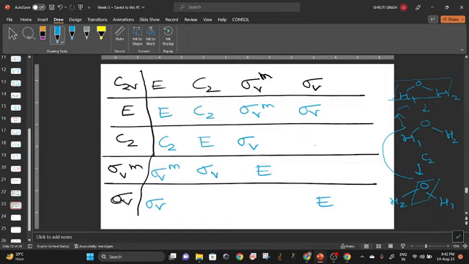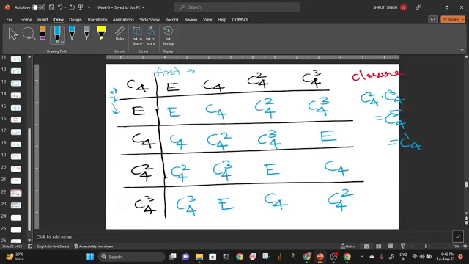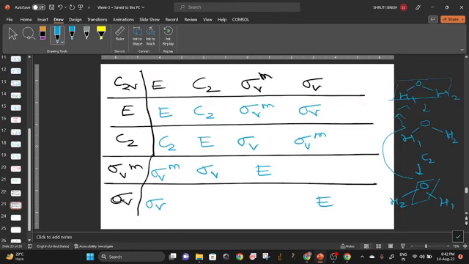Ma'am, whether all the operations are commutative here. They are a group. So whichever is absent in this row and this column, that will be the answer. Okay? Yes. Okay, ma'am. But in the previous case, sigma V molecular plane, when multiplied by C2, gave sigma V. Yes.